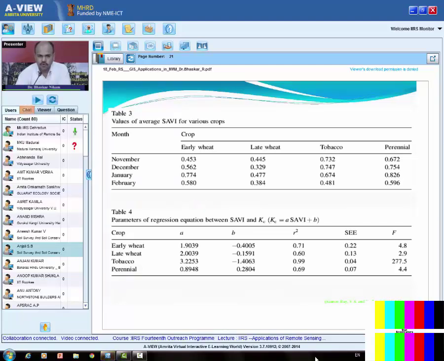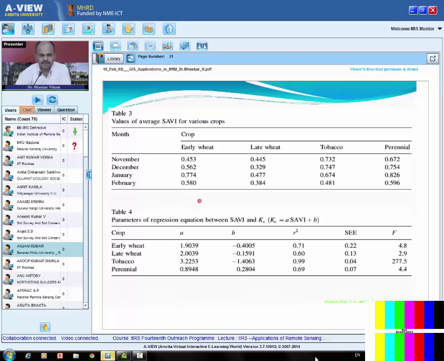To know what Kc should be applied for every pixel, we have tried to relate the vegetation index with the crop coefficient. Because if you plot the vegetation index and crop coefficient, both of them follow the same phenological curve. Your vegetation grows, your Kc grows, and after maturity, your vegetation vigor comes down and your Kc also comes down, which you can see here.